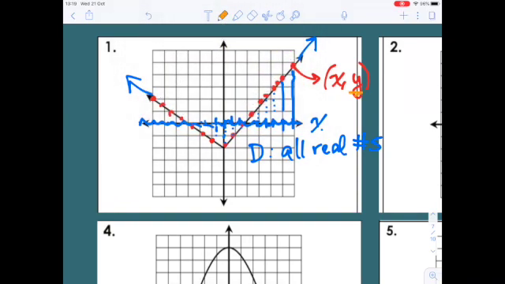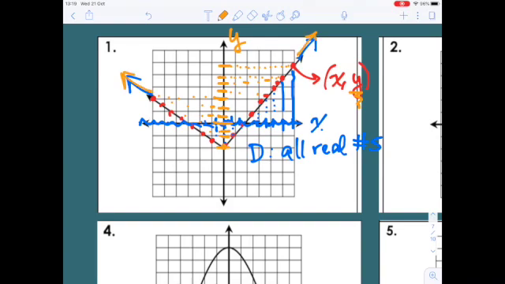Regarding the range, the range would be all of the y values, which would be the projection of these points on my y-axis. So we would have all of these points being projected over here, over here, until this point over here. This would be the y value for that point.